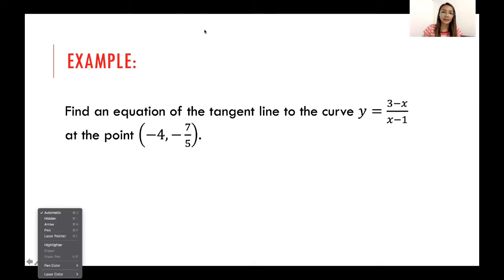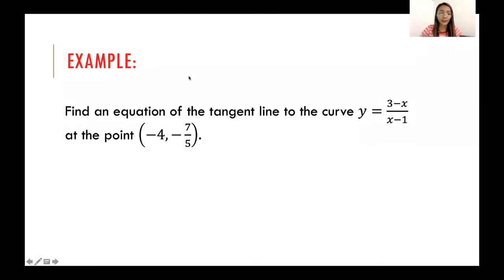Okay, so meron tayong dalawang definition or dalawang way on how are we going to find or solve for the slope. So I am going to use this definition. m is equal to the limit of f of x minus f of a over x minus a as x approaches a.